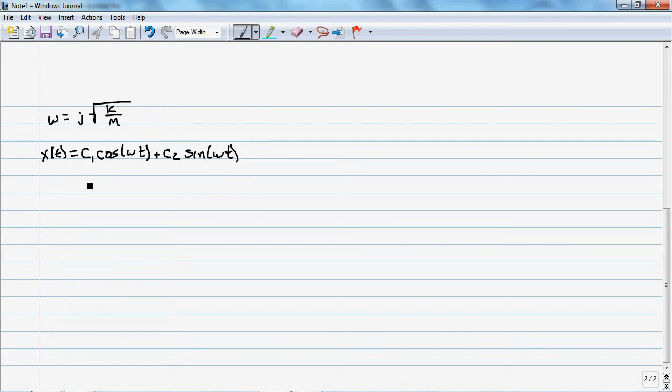At times we don't want to have to deal with both trigonometric functions. We would like to be able to put these into one cosine function. And so let's say we want a function with some amplitude A times the cosine of omega t plus some angle shift phi. And we want to relate that back to this equation.